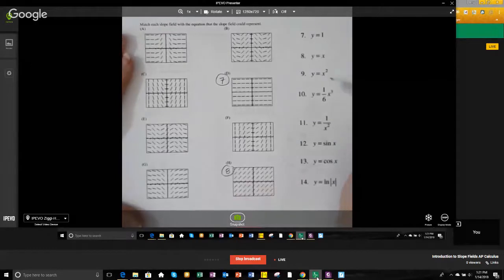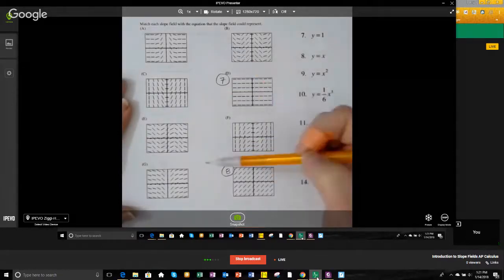All right, number 9. The derivative of this one is dy/dx equals 2x. So I am looking for slopes that follow the pattern 2x. Do you see one of these slope fields where you might see a quadratic in it?